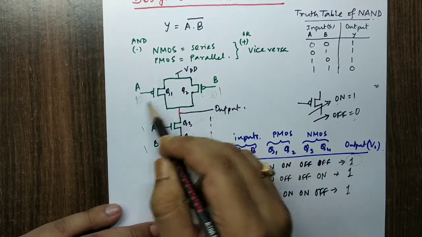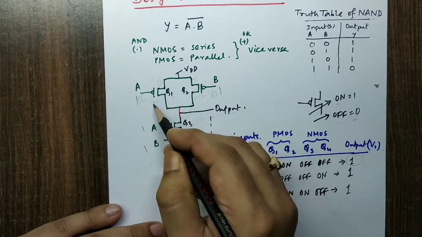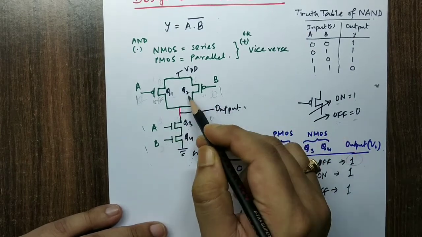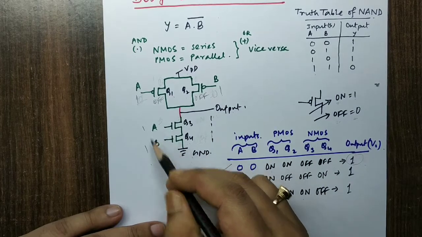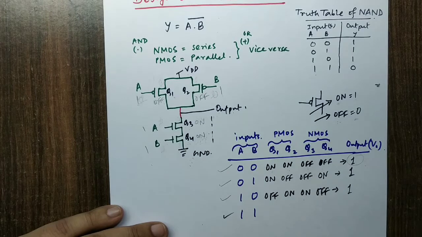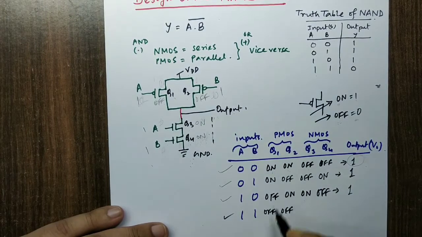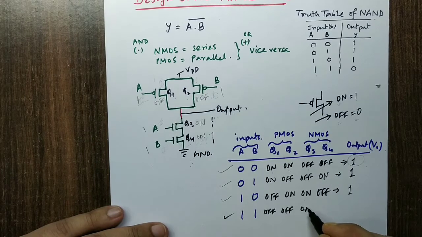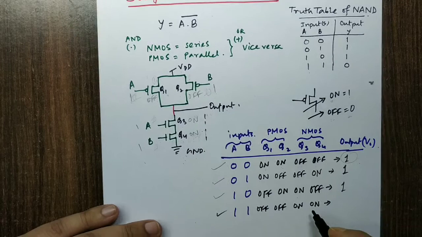For that, due to this bubble, this will give the value 0. That means Q1 goes off and Q2 also goes off. But since here it is 1 1 and no bubble is there, Q3 and Q4 will be on. So it is very simple. Let me write down all combinations. Q1 and Q2 both are off, but Q3 and Q4, the 2 NMOSes, both are on.